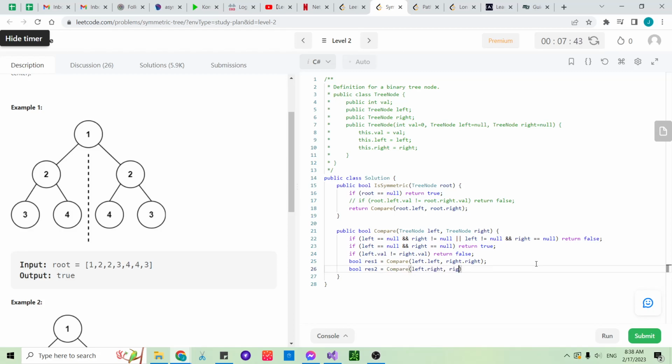Right and right left. Then we need to return, okay, it's only true if both of them are true. Otherwise it's false.